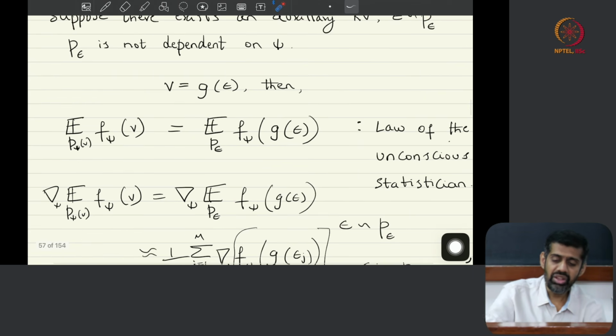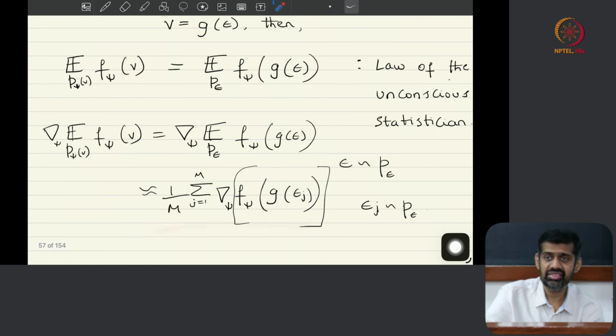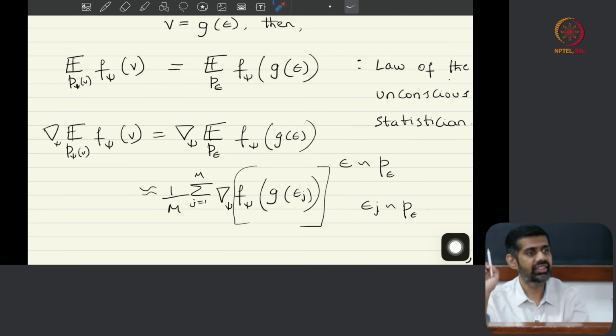Okay. Now, if we do this, then the dependence of this expectation on psi is gone, right. Now, the gradient of this expectation with respect to psi will be the gradient of this expectation with respect to p epsilon, and now this can be written as sample averages using the law of large numbers, where now the samples are coming from p epsilon, not from p psi. That is it.